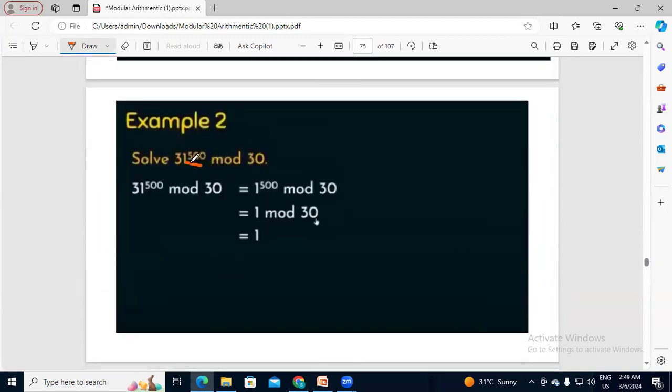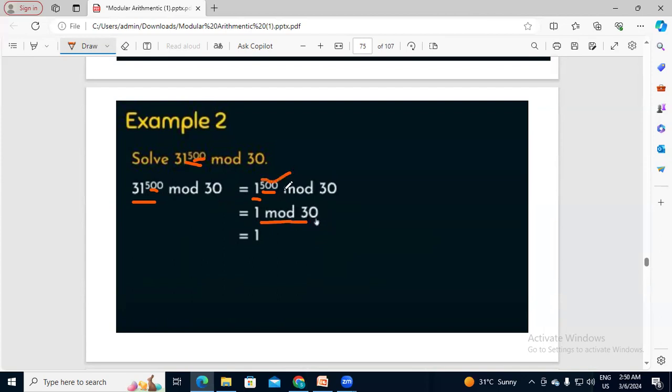Okay, so 31 to the power 500 mod 30. 31 can be replaced with 1 to the power 500 mod 30. Both will give the same result.